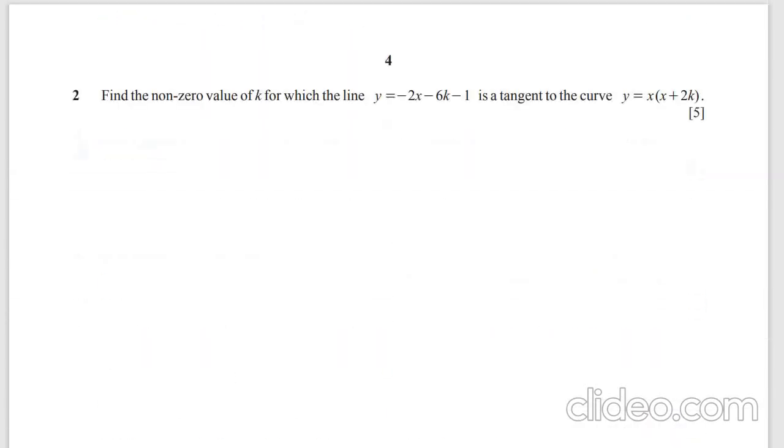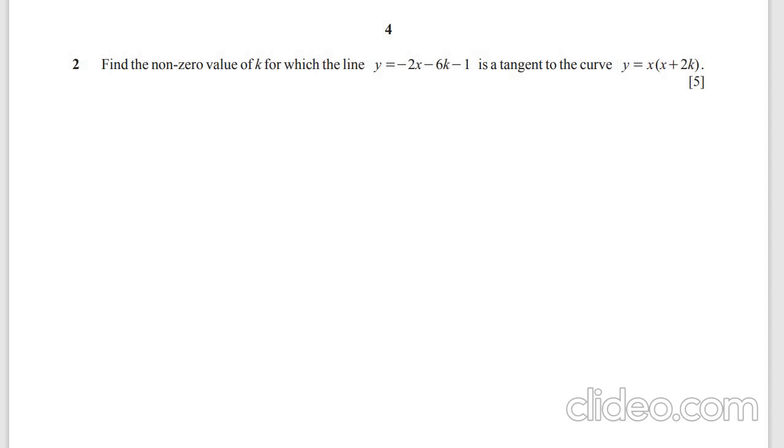Now we have the next question here, question 2. All right, so we have a line, and this is the tangent to the curve with this equation. So where these two lines meet, we will have a specific point.